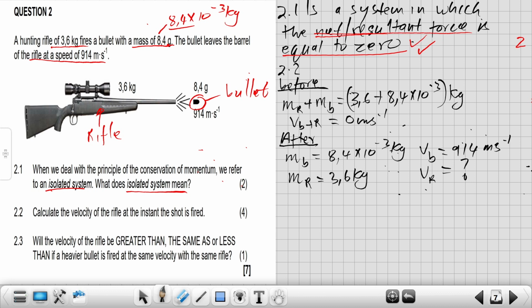So starting with the conservation of linear momentum, I'm going to say the sum of momentum before is equal to the sum of momentum after. But what happened before? Before, I have M of R plus M of B as a unit, so they will have the same velocity, which is equal to M of the bullet, V of the bullet, plus M of the rifle, V of the rifle as well.